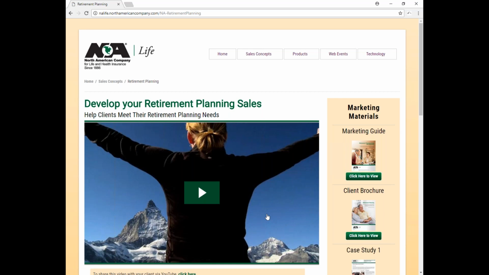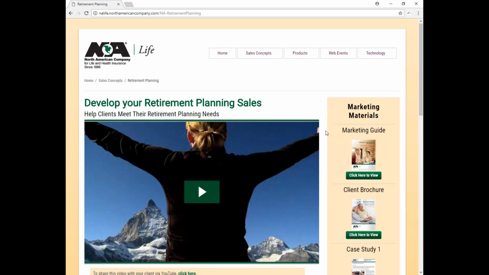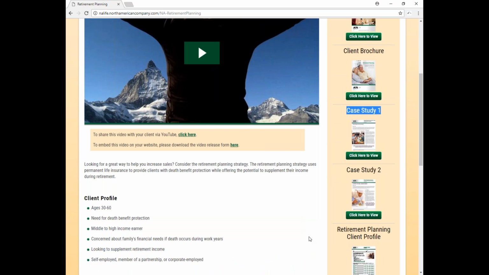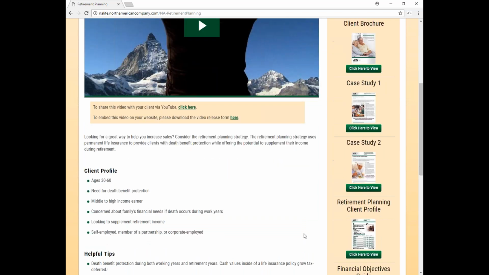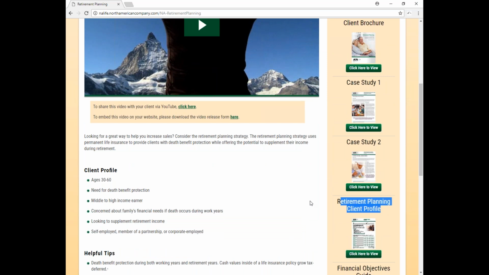And I wanted to show you this as well because you've utilized the playbook. You went through and talked about the target profile. You've read what the goal is in helping them. Now, what if you wanted a case study to show your client as well? There are different case studies and a retirement planning client profile sheet.